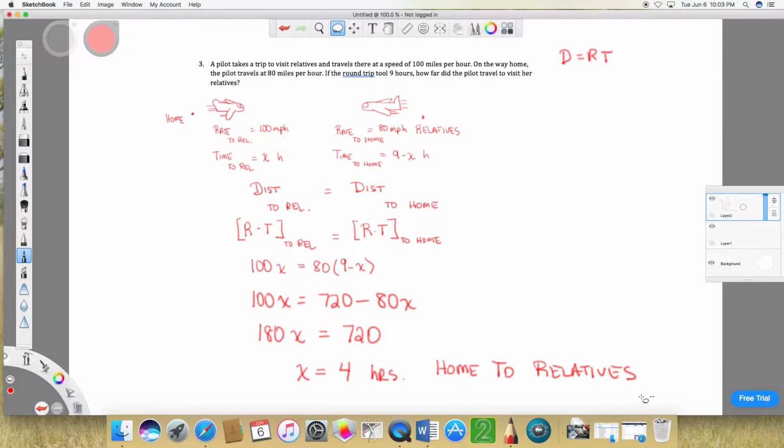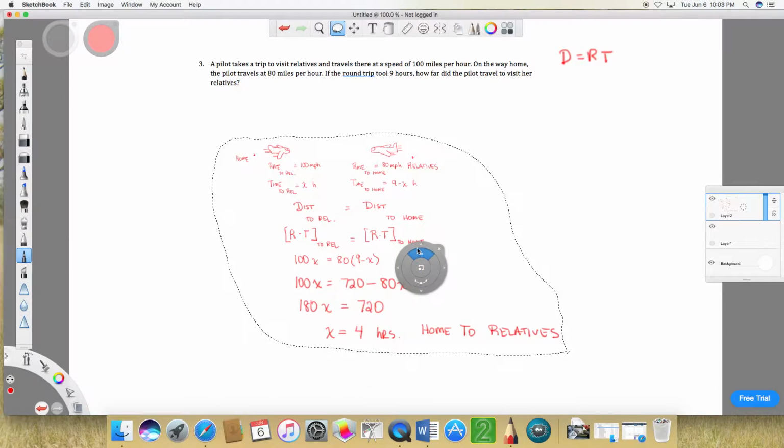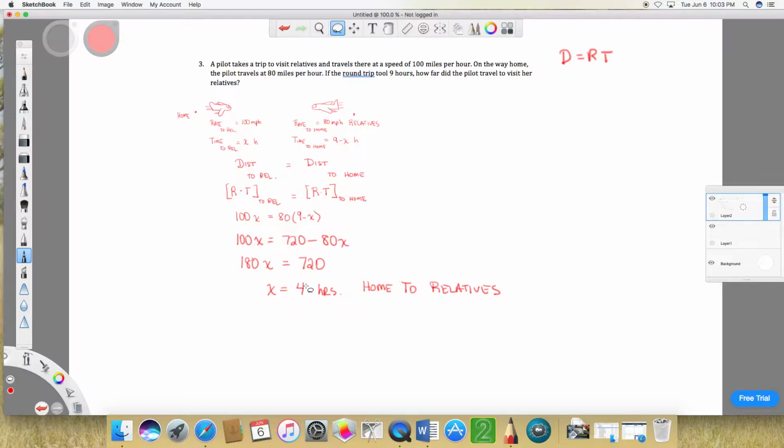It's asking for the distance. So let's look back at our equation, because the left-hand side and the right-hand side represented the distance. So it doesn't matter where I plug x back in. If I plug it in over here on the left-hand side, 100 times 4 gives me 400. If I plug it in on the right-hand side, 9 minus 4 gives me 5, and 80 times 5 is also 400.